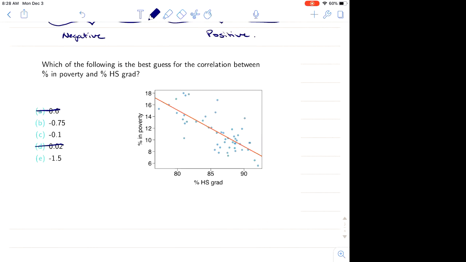If we're looking at these negative ones, the first thing that sticks out is E, -1.5. We can't have that, because correlation only goes between -1 and 1. So this one's out.